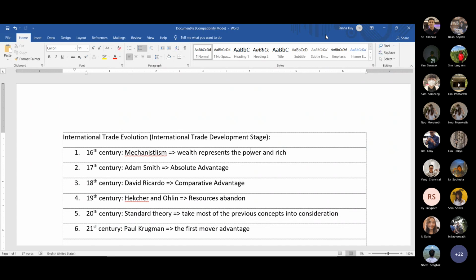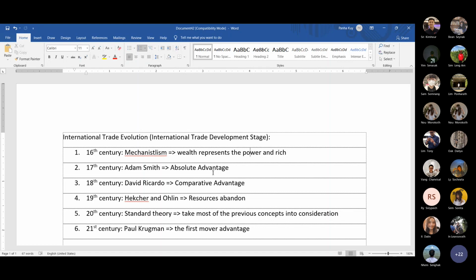If you look at the absolute advantage, the advanced or high-income country has the absolute advantage in almost all goods and services, right? So there will be no incentive to trade between the less developed country and the developed country.